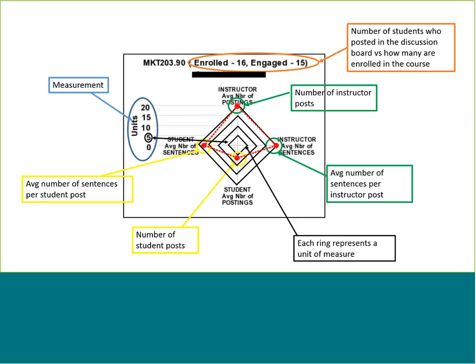So if you have 100 characters in a sentence, it might be 5 words, it might be 20. It's just based on characters. Then they take that number of characters and divide it by the number of posts at the top. And that gives you the average number of sentences per post.